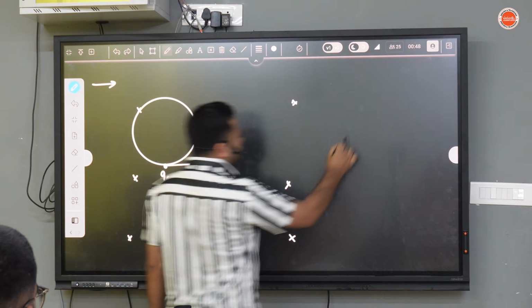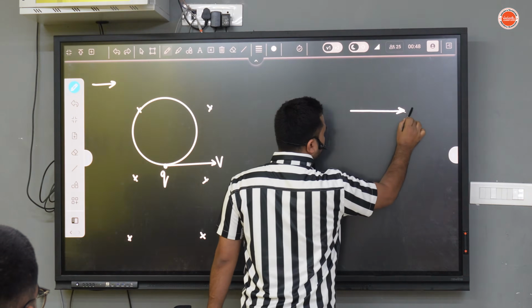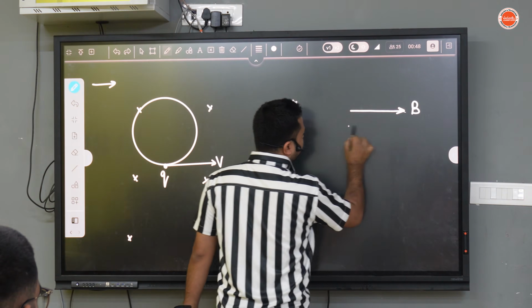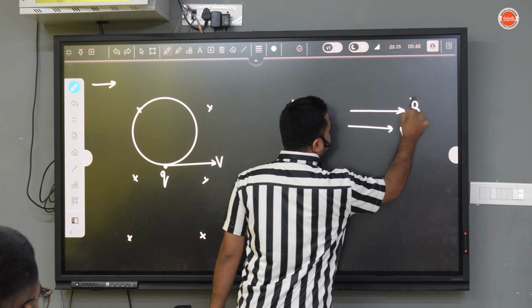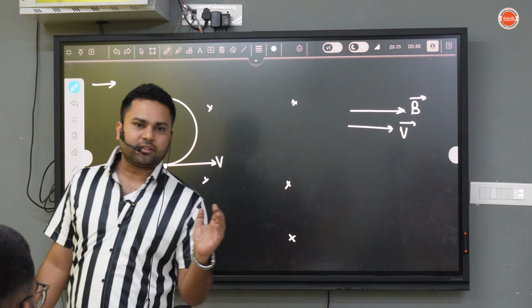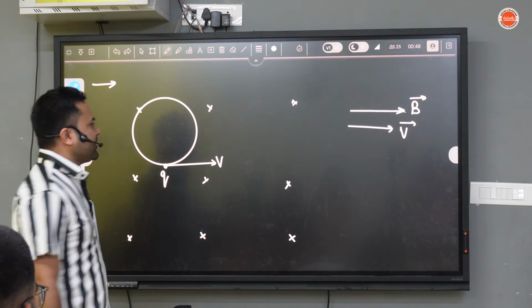If the magnetic field and the velocity of the charge are in the same direction, then what will happen? Straight line. No force, so the charge will move in the straight line.